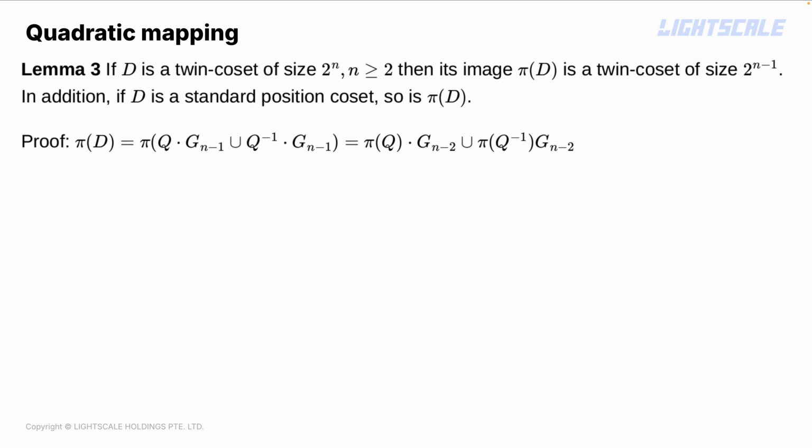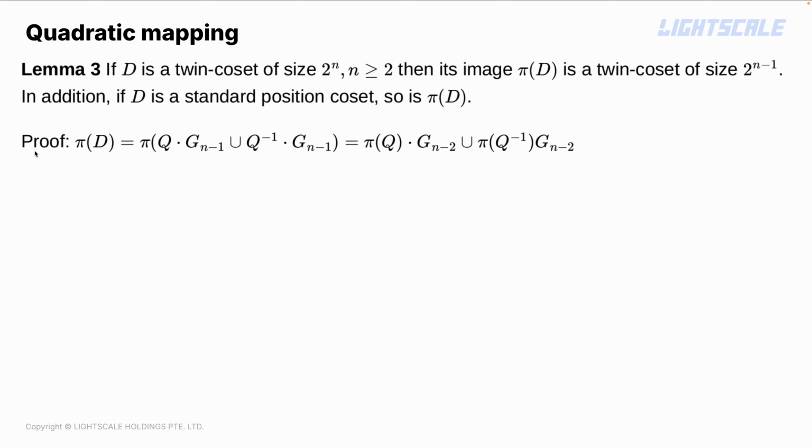And if D is a twin coset of size 2n and n is more than 2, then its image after the quadratic mapping is a twin coset of size 2n minus 1. So it's like a 2 to 1 mapping. In addition, if D is a standard position coset, so is the result of the quadratic mapping.